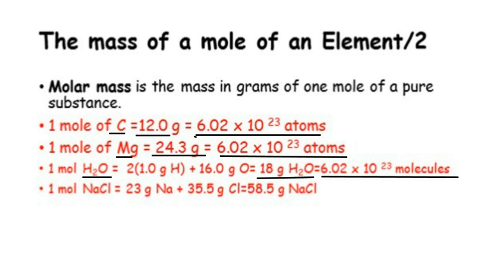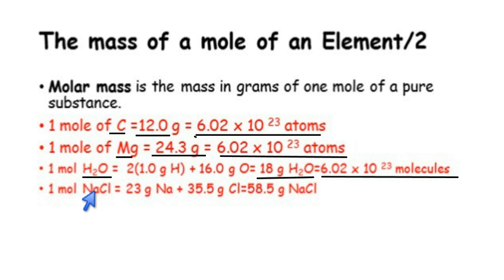So we would use these conversions: 1 mole of water equals 18 grams equals this. And I would use that as conversion factors when converting, let's say, moles to grams or moles to molecules.